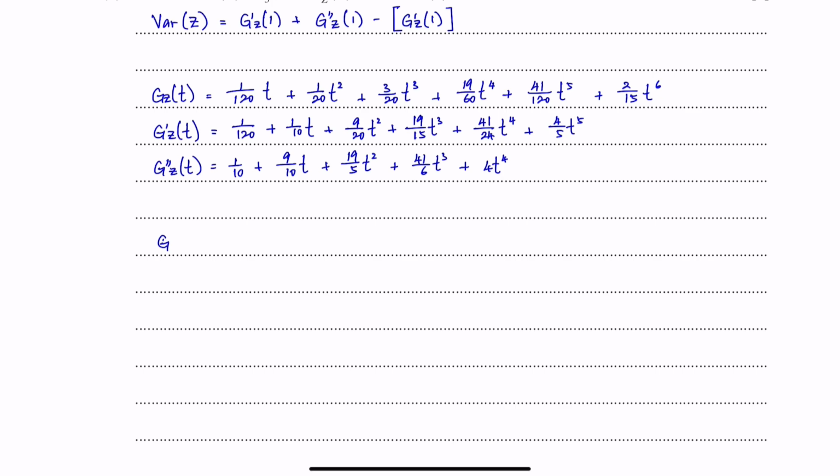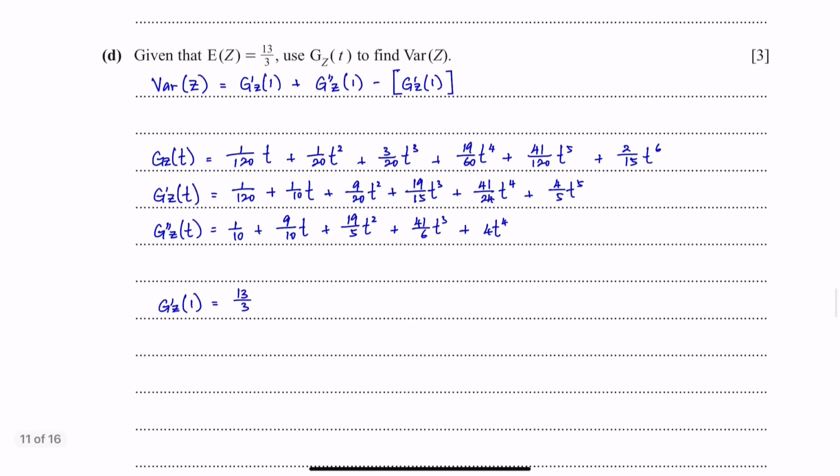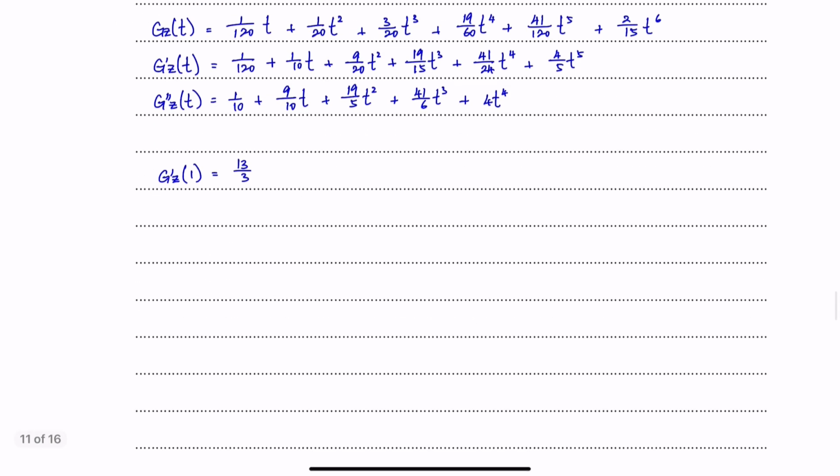So now we know that G prime 1 equal to 13 over 3. How do we know that? Because the expected value of Z would be equal to G prime 1. So we know that G prime 1 equal to 13 over 3.